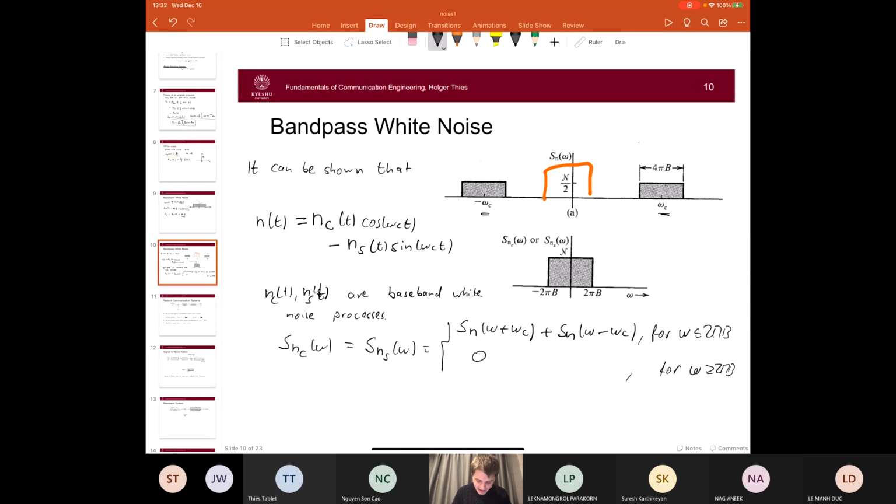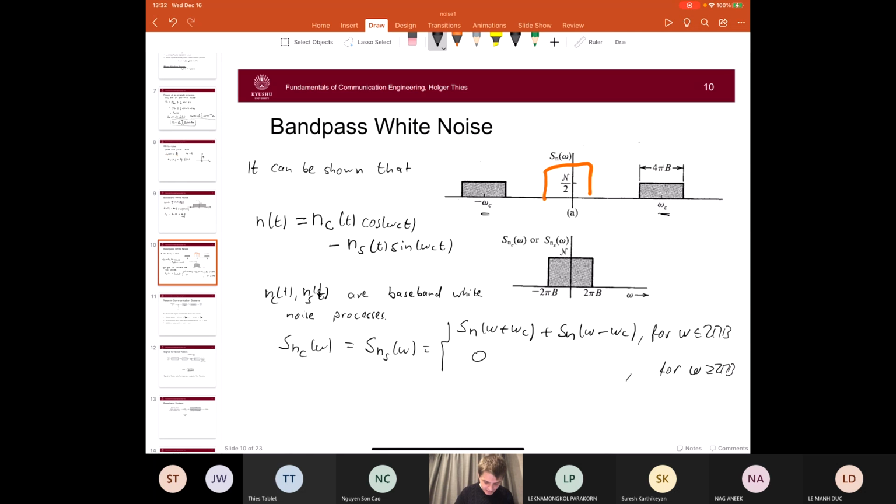Right. So we can write those moved power spectral densities by just adding the power spectral densities of the original noise process and then filtering out everything that has frequencies larger than 2pB. And then we can compute the power.